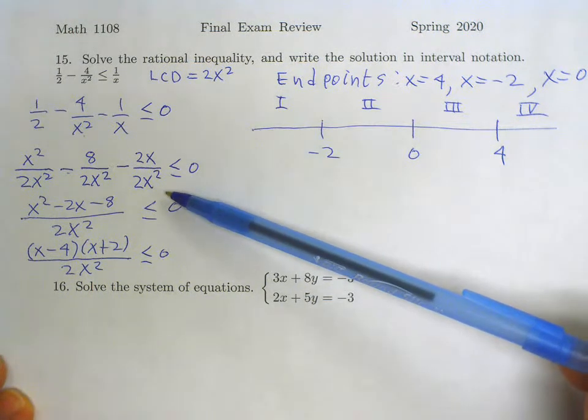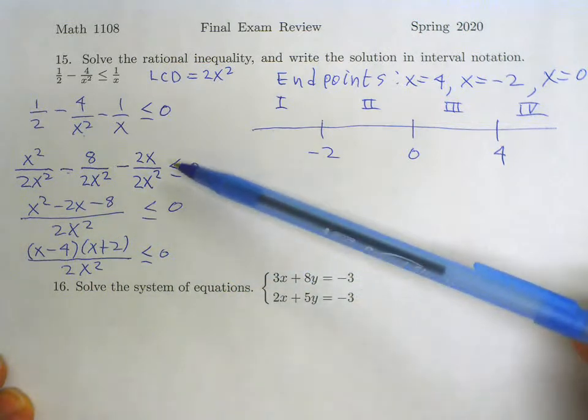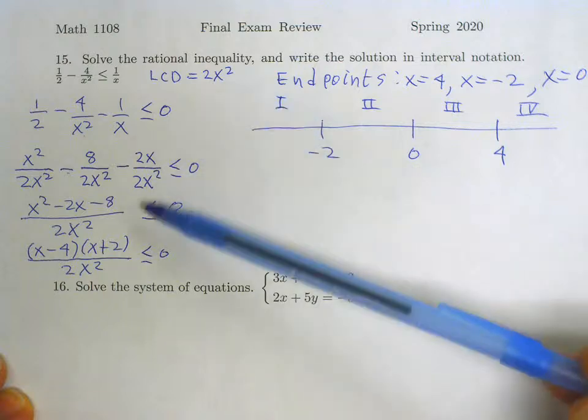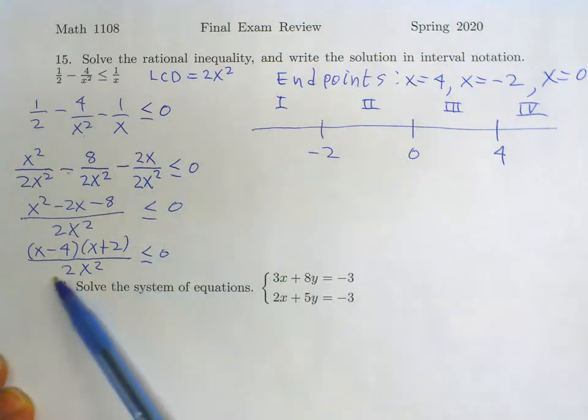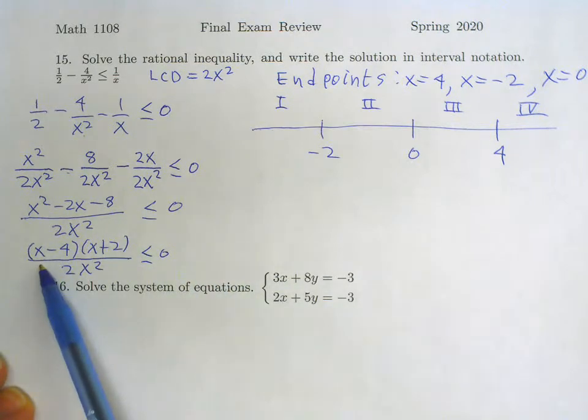And then we want a single rational expression with a common denominator, so we found the least common denominator, which is 2x squared, and then we finally were able to get it to a state where we could determine what the endpoints are from the numerator and denominator.